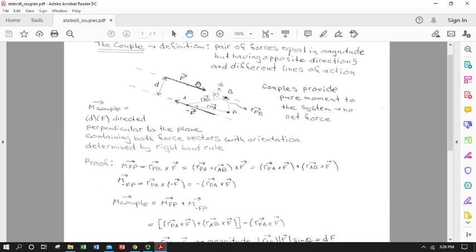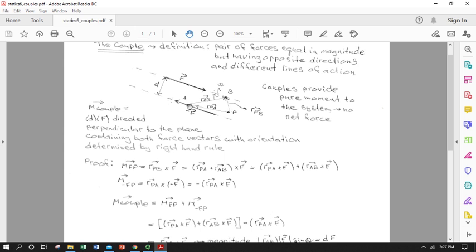Not both, just one. So the magnitude of the couple is equal to the perpendicular distance between the two lines of force and the magnitude of either one or the other. And then you're going to use the right hand rule to figure out which direction it's pointing in.